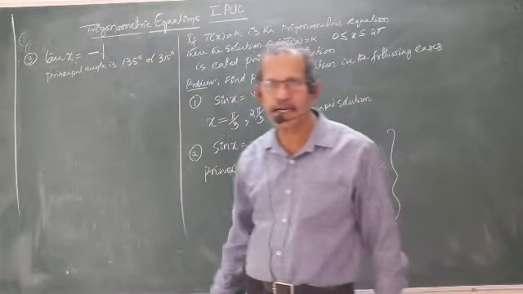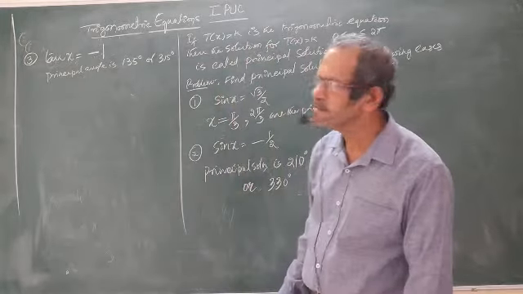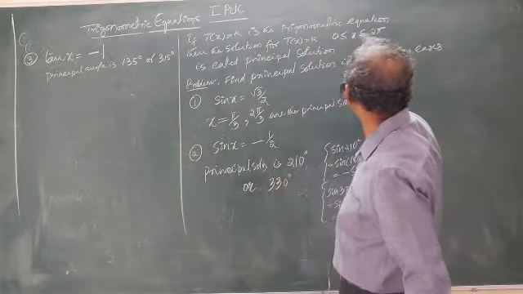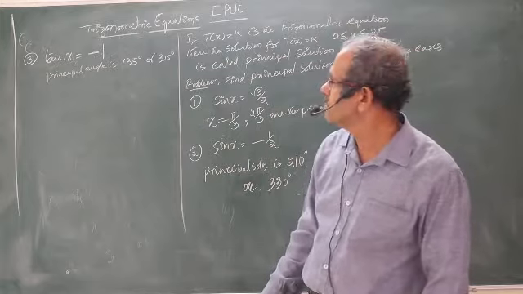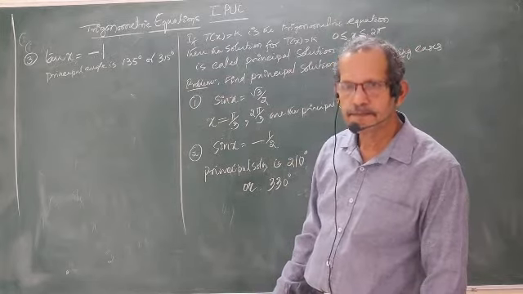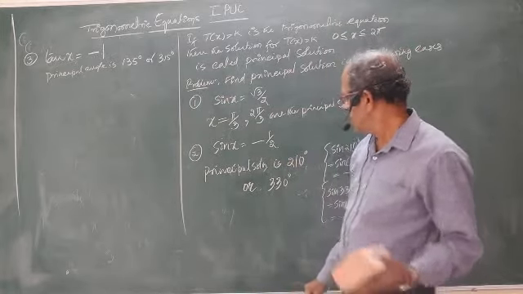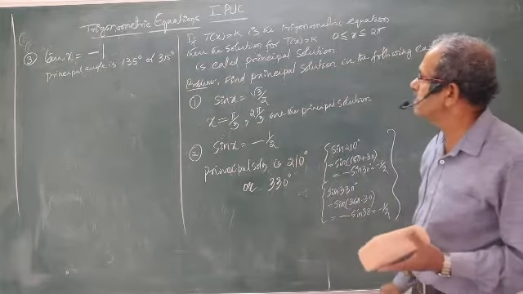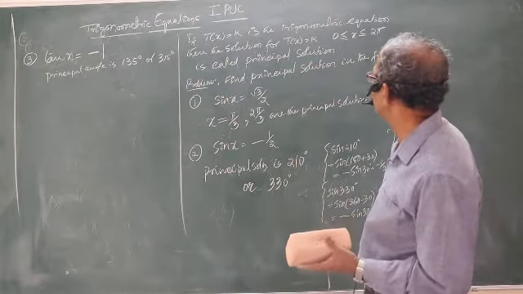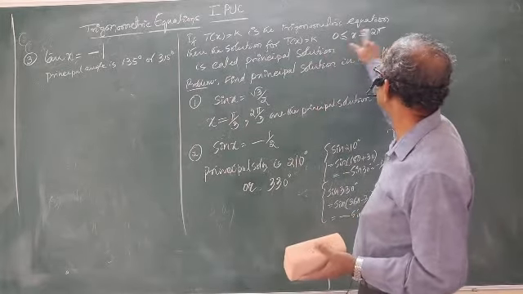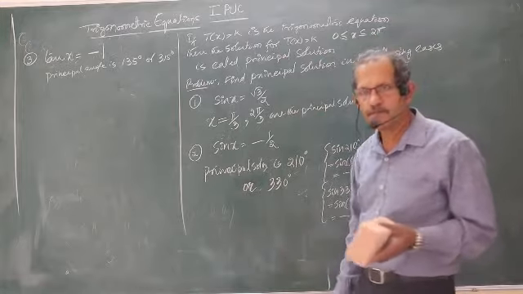Totally there are two angles satisfying the equation in between 0 to 360. Principal angle is the angle satisfying the equation in between 0 to 2 pi only.